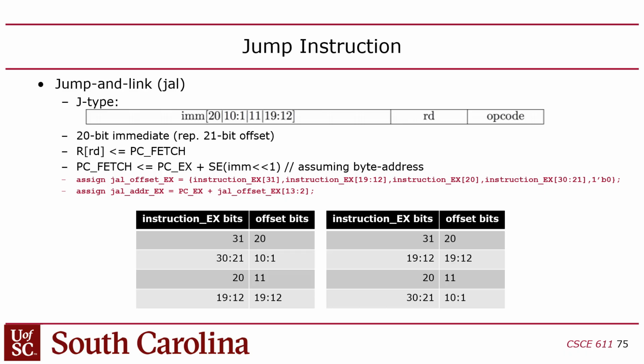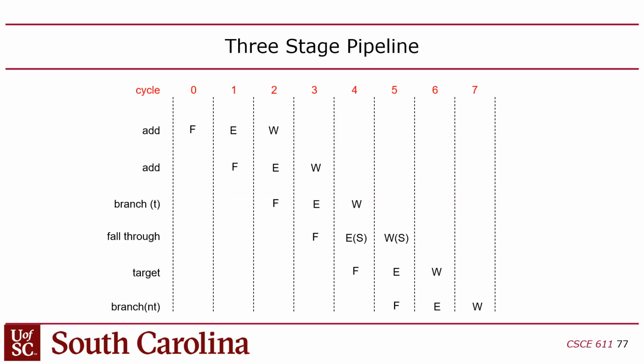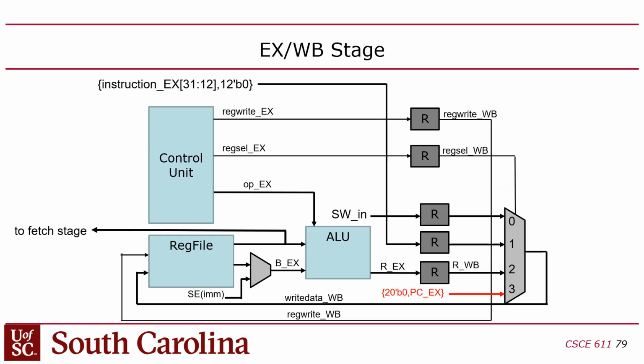When I first saw that, I was like, oh my gosh, that's horrifying. What if I just want to jump? You just set the link address to 0, write to register 0, which you're allowed to write to, but it has no effect on anything, right? So if you don't want to link, you set the link address to 0, but every jump instruction has a link address, which means that you have to have a data path between the program counter and the register file.